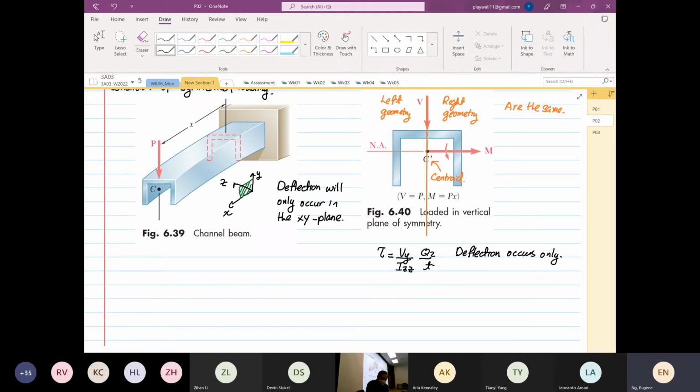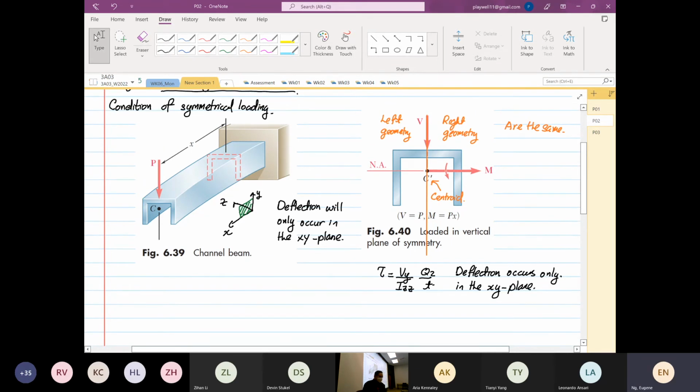So deflection occurs only in the XY plane. Okay, so that is what we call the condition of symmetrical loading.